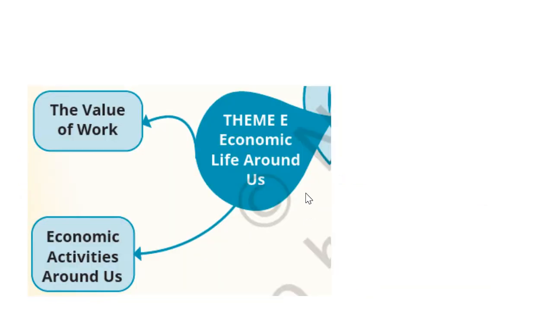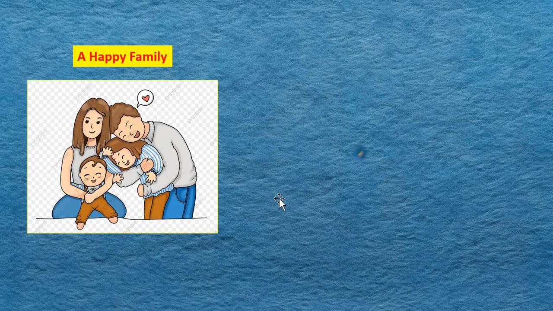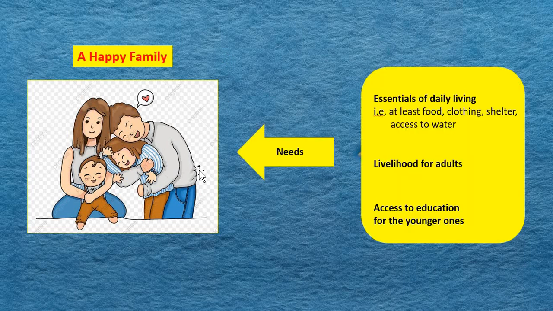After that, we have the 5th theme, which centers around the economic life around us. Here we will talk about the value of work and economic activities around us. See the picture here. What do you see? Basically a happy family. Look at their expressions. Right.